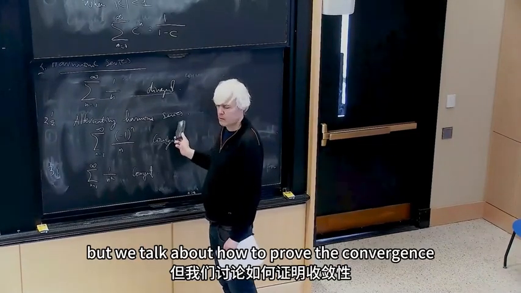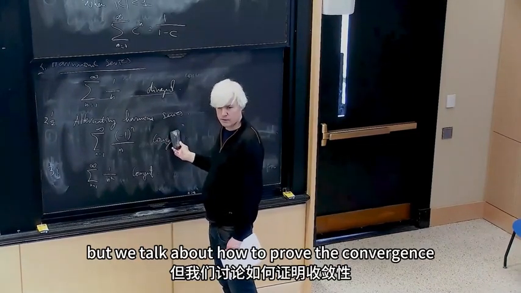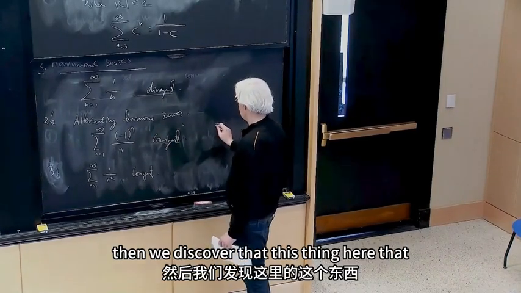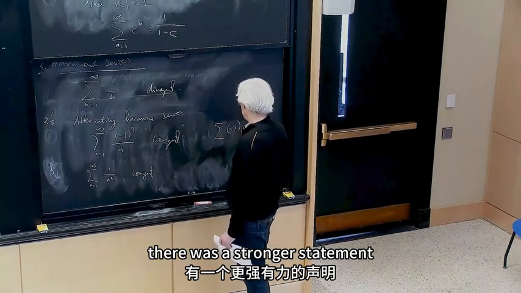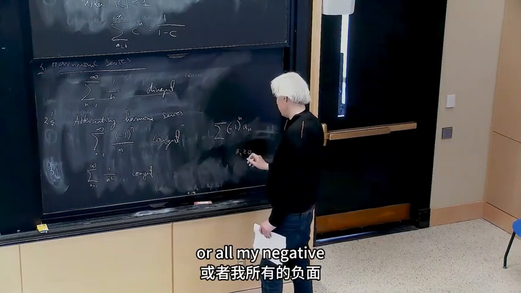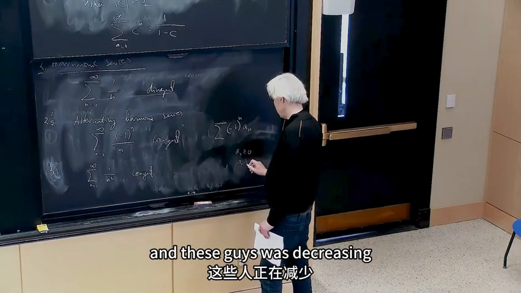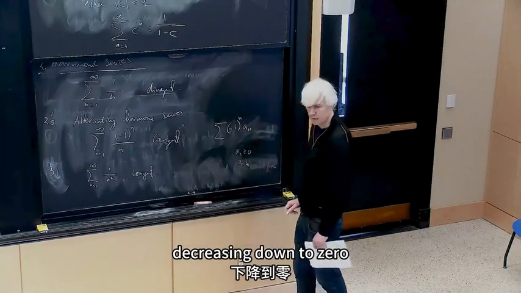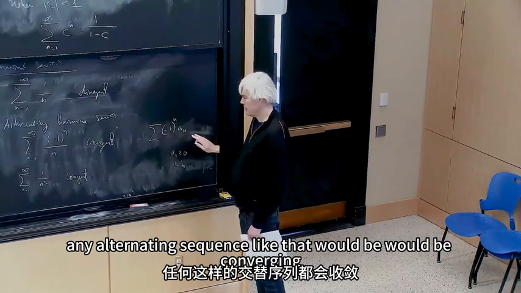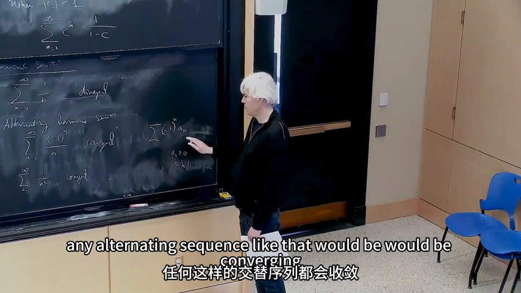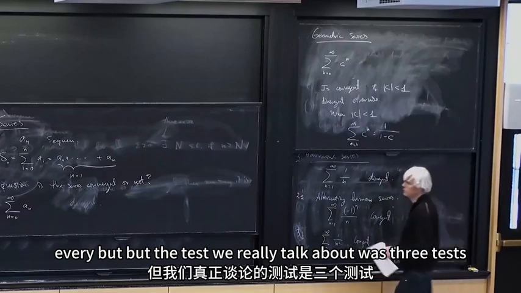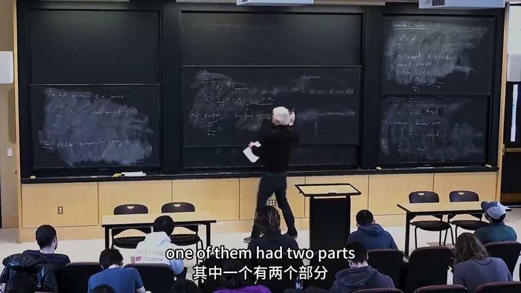But we talked about how to prove the convergence, and we discovered a stronger statement: if you have an alternating series and the an were all non-negative and decreasing down to 0, then any alternating series like that would be convergent. Anyway, the tests we really talked about were 3 tests. One of them had 2 parts.